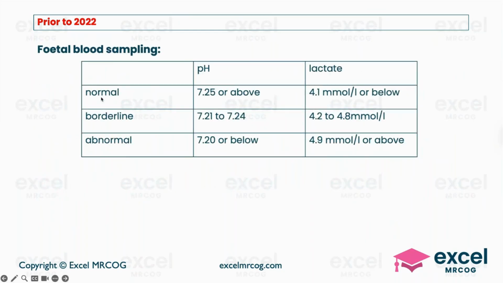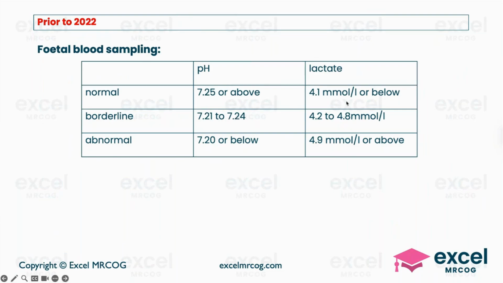The values as promised, normal, borderline, abnormal: pH values of 7.25 or above are normal. Remember the middle values, 7.21 to 7.24. Anything below this pH is acidotic, abnormal; anything above it is fine.